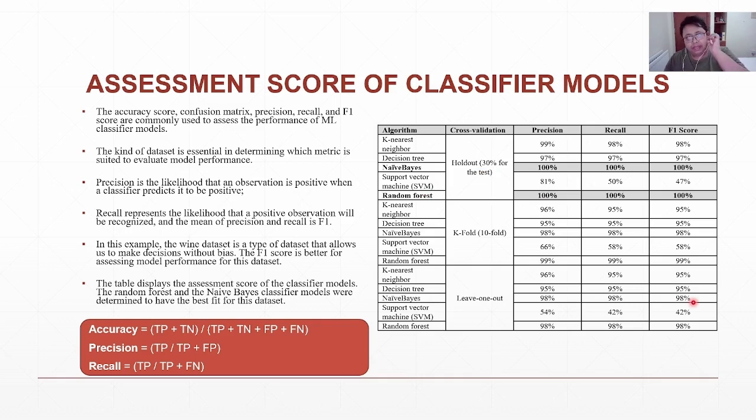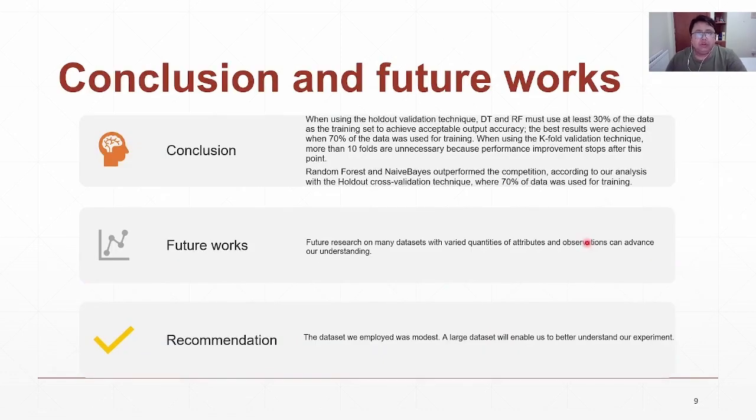So this is the best possible way to get results from the classifier. So the conclusion is when using the holdout validation technique, decision tree and random forest must use at least 30% of the data as a training set to achieve acceptable output accuracy. The best results were achieved when 70% of data was used for training.